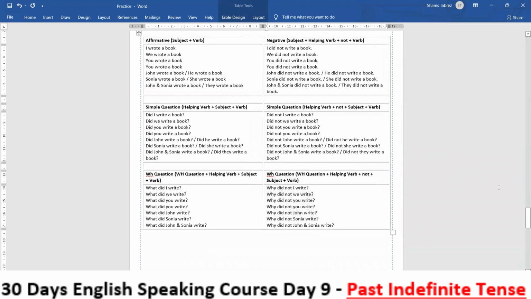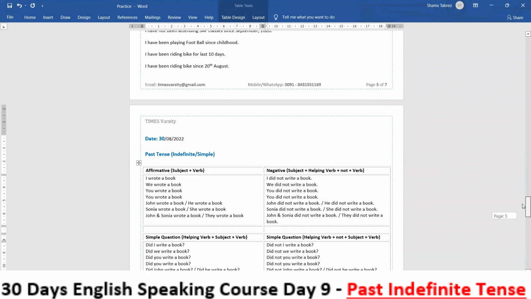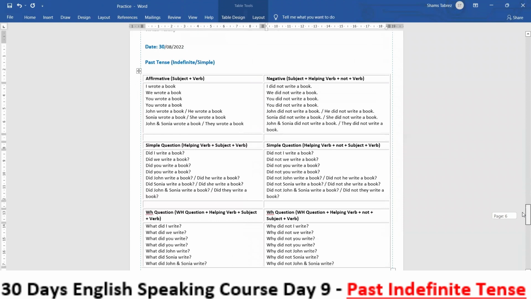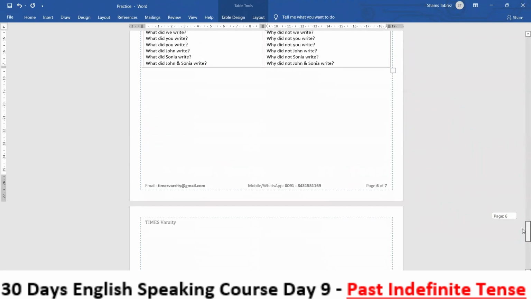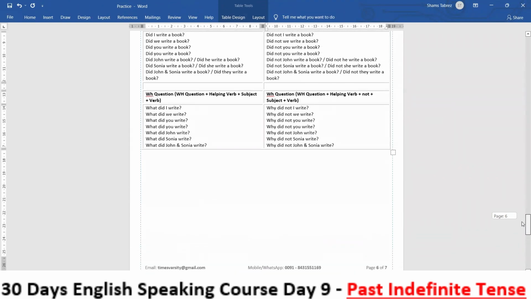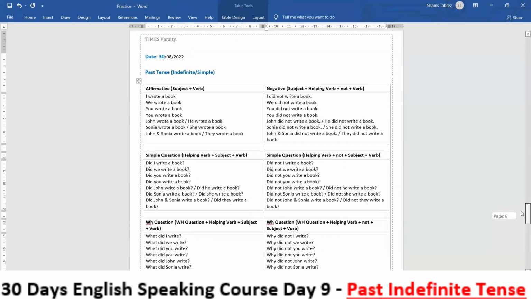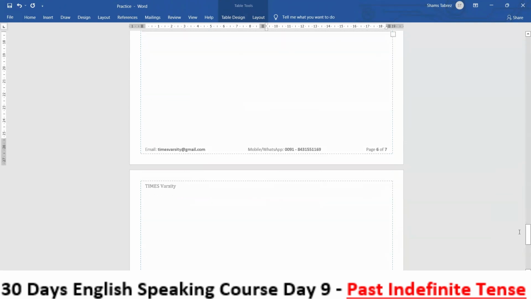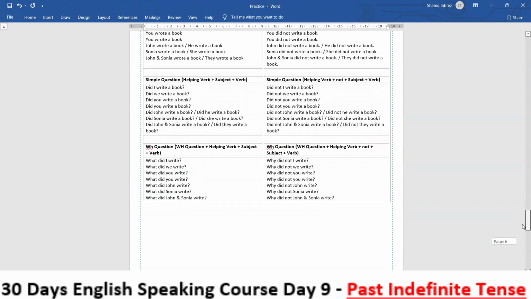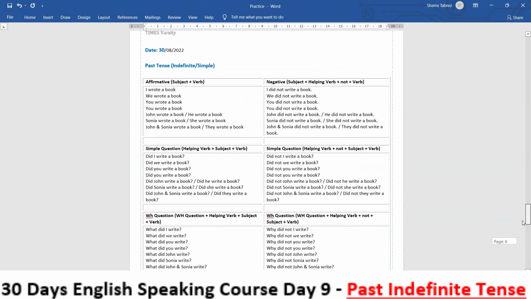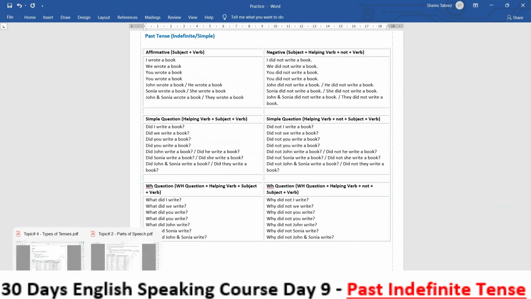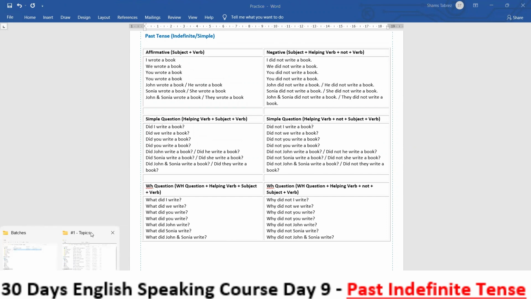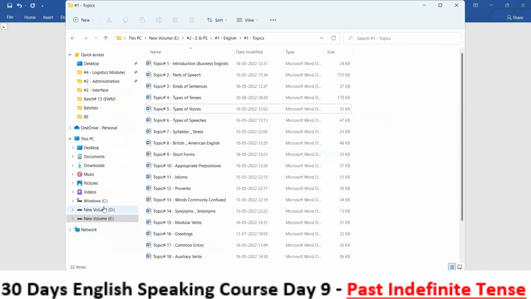Now, if we do some comparison, let's make a 3-column table. For comparison, I will use another Word file.